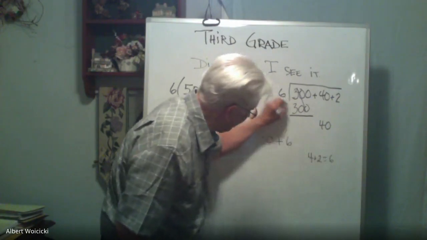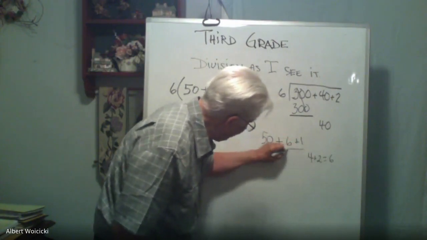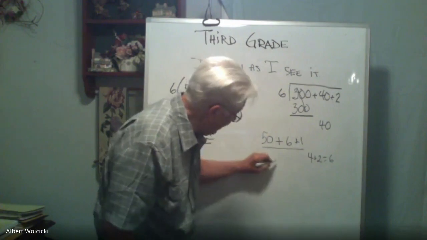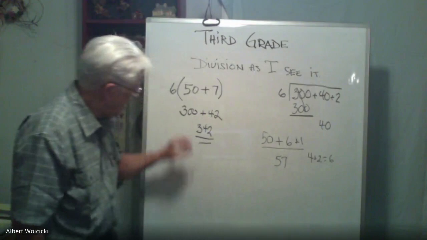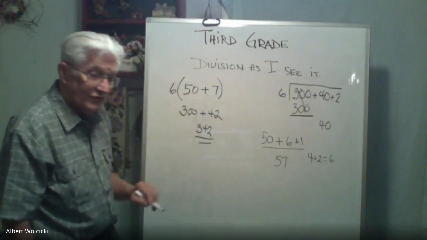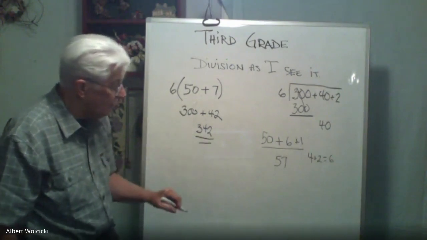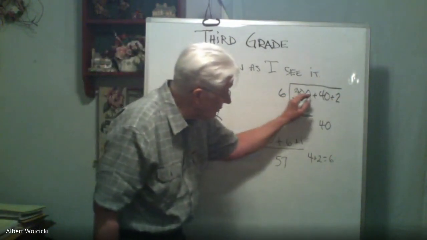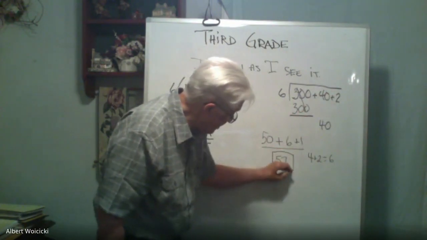And I know that 6 goes into 6 once. So now I have this sum as being my answer, 57. 50 plus 7 is 57. So 6 times 57 is 342. And 6 goes into 342, 57 times.